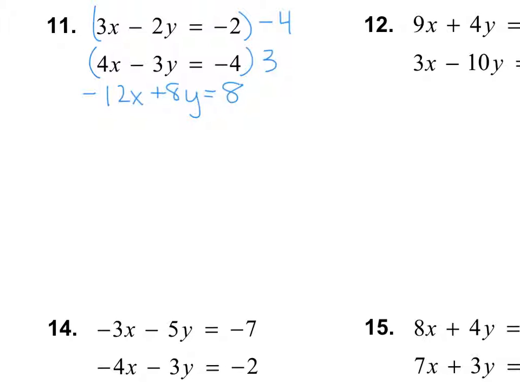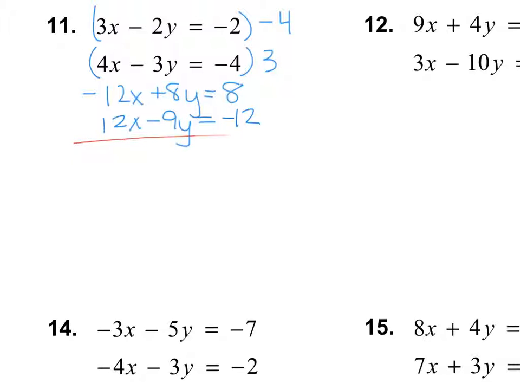So 3 times 4x is 12x. 3 times -3y is -9y. And 3 times -4 is -12.